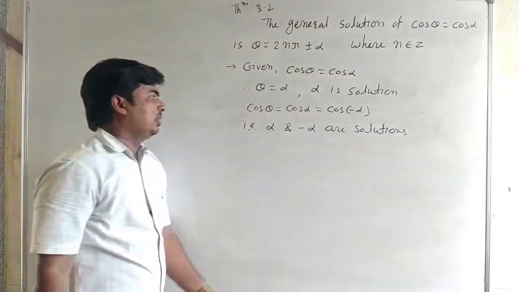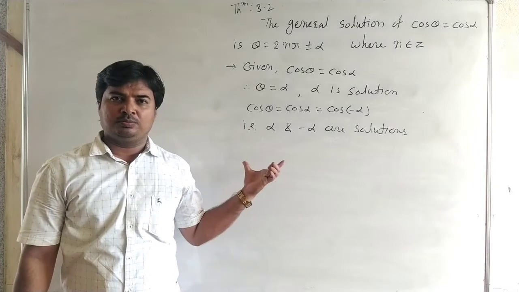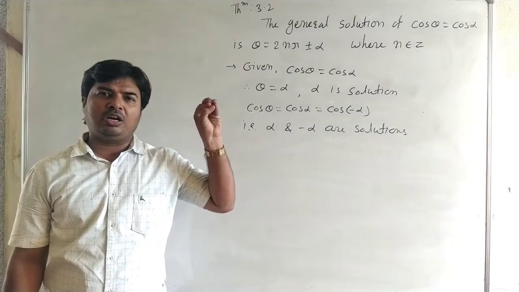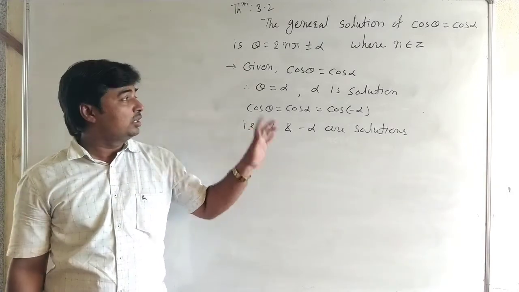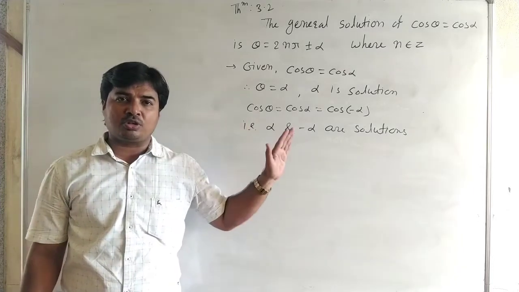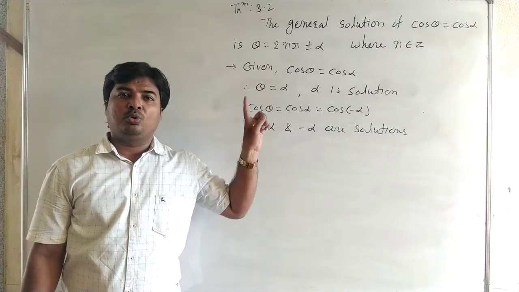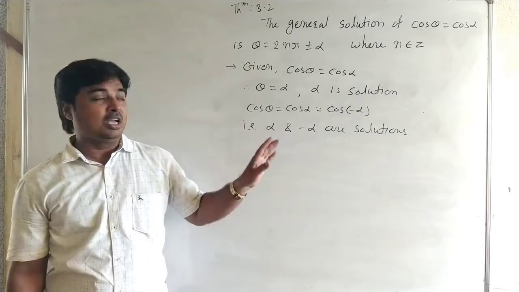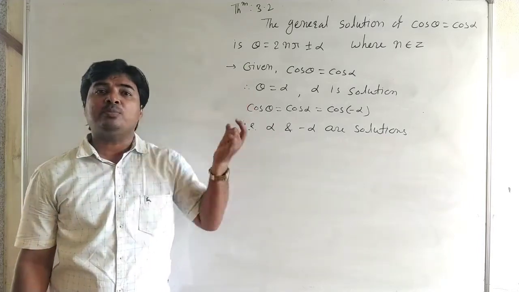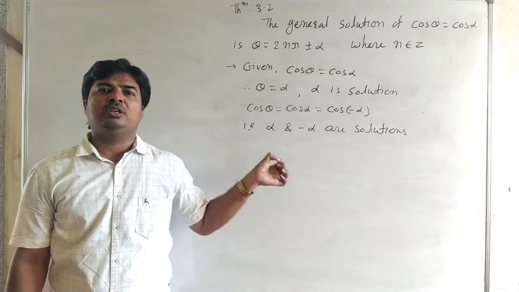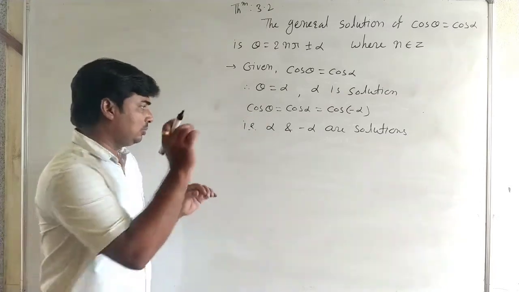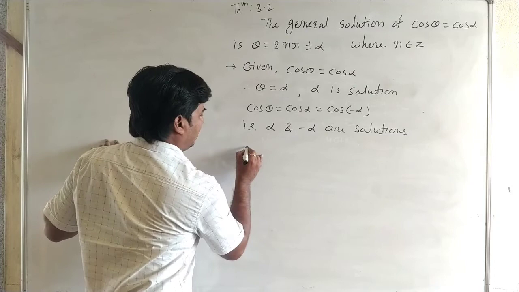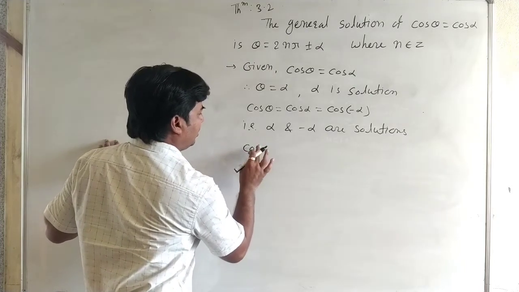And here we know by the allied angle formula, in the first quadrant all trigonometric functions are positive, therefore cos theta is equal to cos 2 pi plus theta, cos 4 pi plus theta. Cos is positive in the first and fourth quadrant. Here we can write 2 pi plus theta first, in the first quadrant.